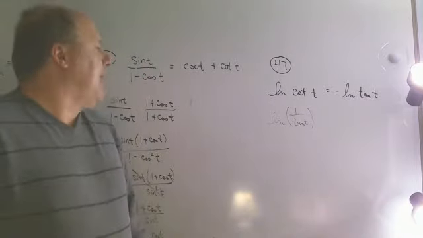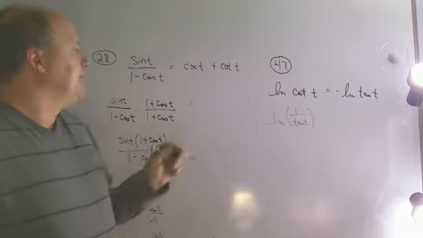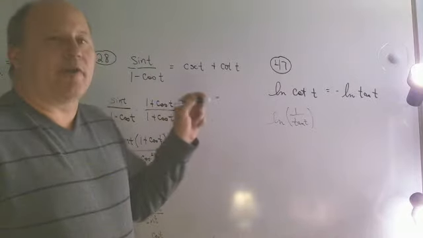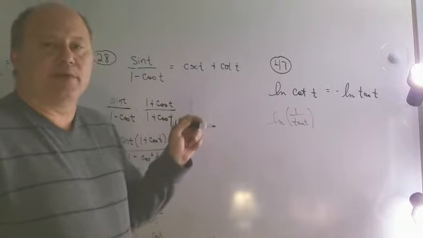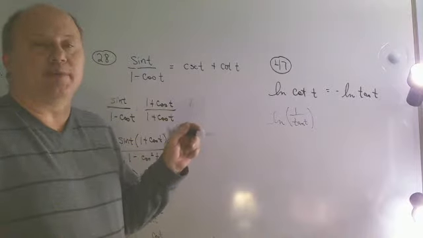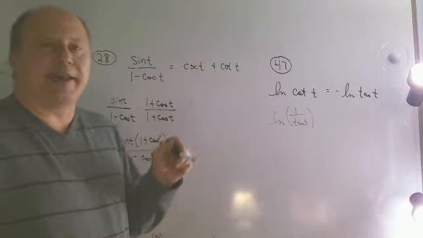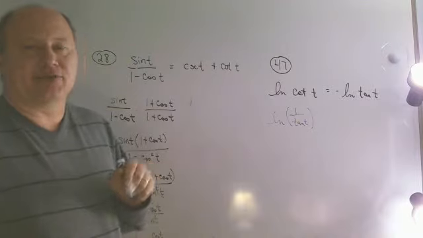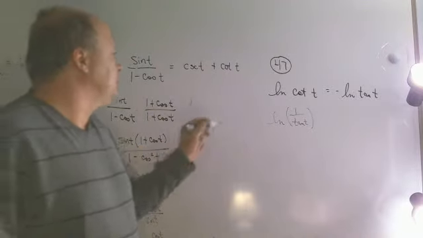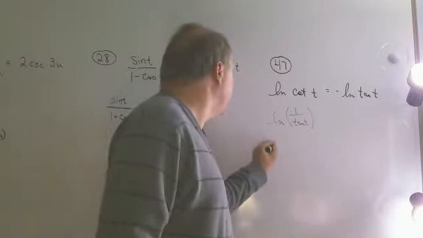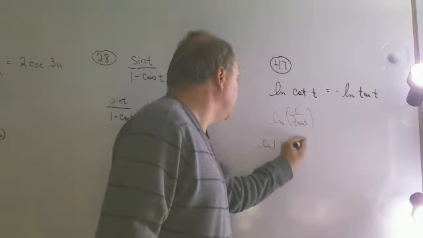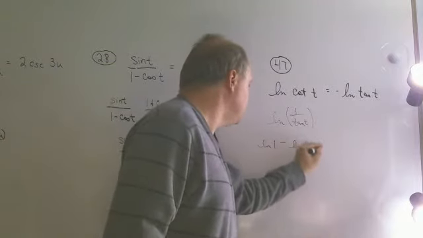Now, I can do this a couple of ways. I can apply the 1 over x equals x to the negative 1 rule, or I can use the quotient rule. And most students understand the quotient rule better than the negative exponent rule, so that's what I'm going to use. So this is going to be the natural log of 1 minus the natural log of the tangent of t.